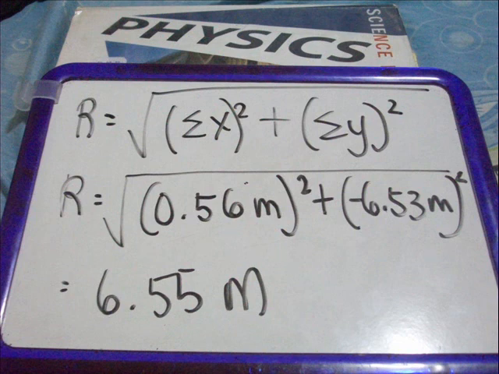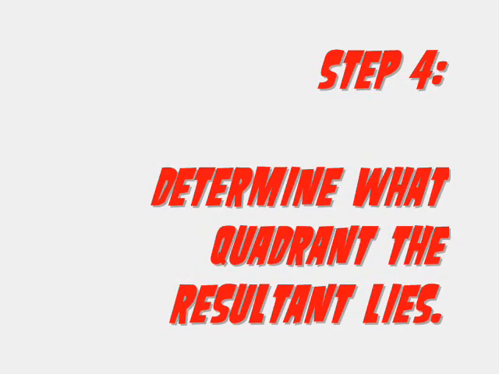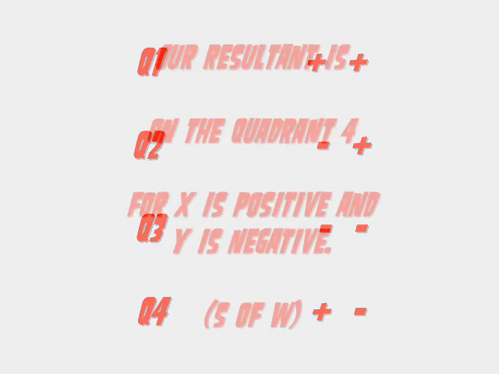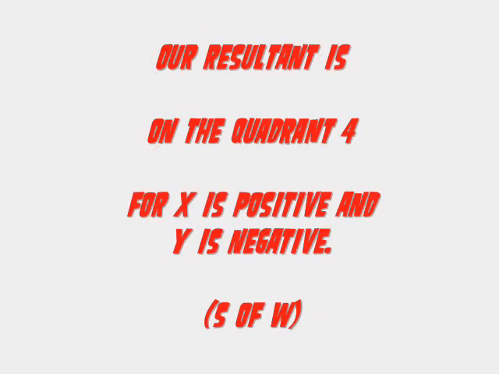From the signs of the x and y component of the resultant, we can determine what quadrant the resultant lies. Knowing that for quadrant 1, we have positive and positive, quadrant 2, negative, positive, quadrant 3, negative, negative, and quadrant 4, positive and negative. This means our resultant is in quadrant 4, for x is positive and y is negative. So this will be south of west.